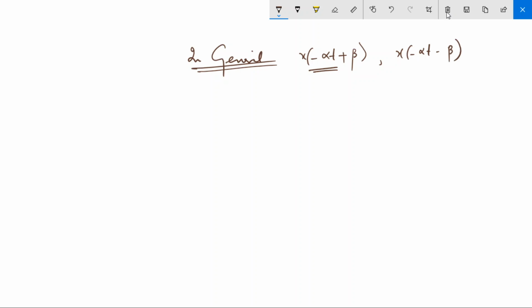I will take a general case. In general, if you have to get x of minus alpha t plus beta from xt, okay, or it may be x of minus alpha t minus beta from xt, how you can proceed?